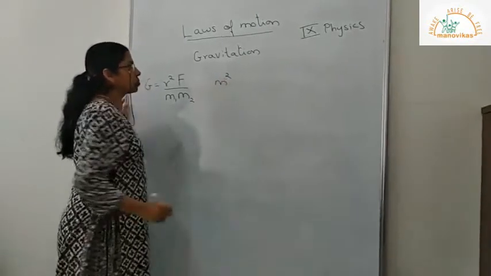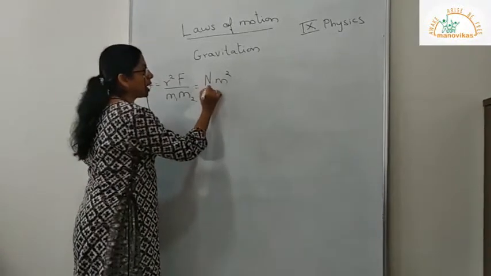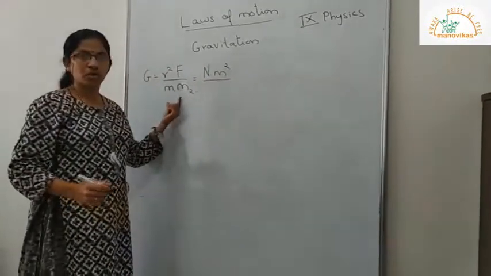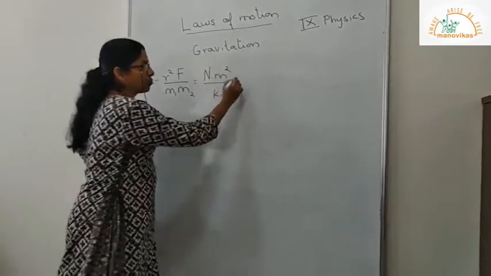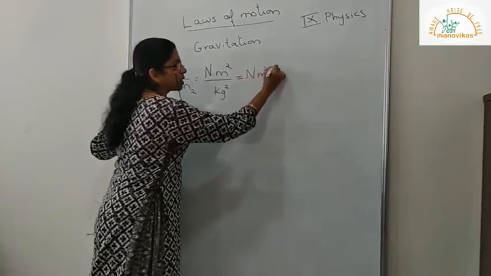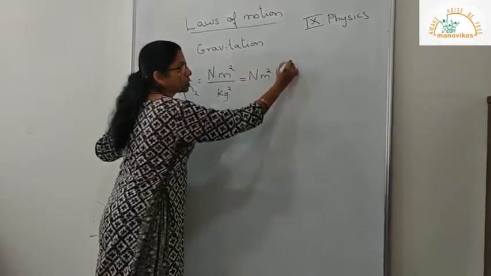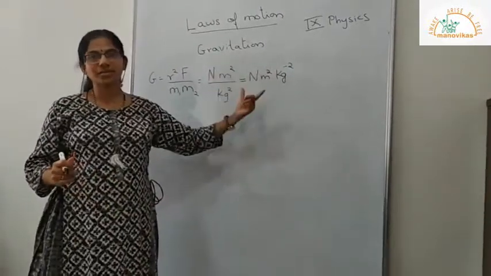Then you have the unit of force, Newton, and you have the product of masses in terms of kg square. So which can be written as Newton meter square per kg square. Now this is the unit of the gravitational constant.